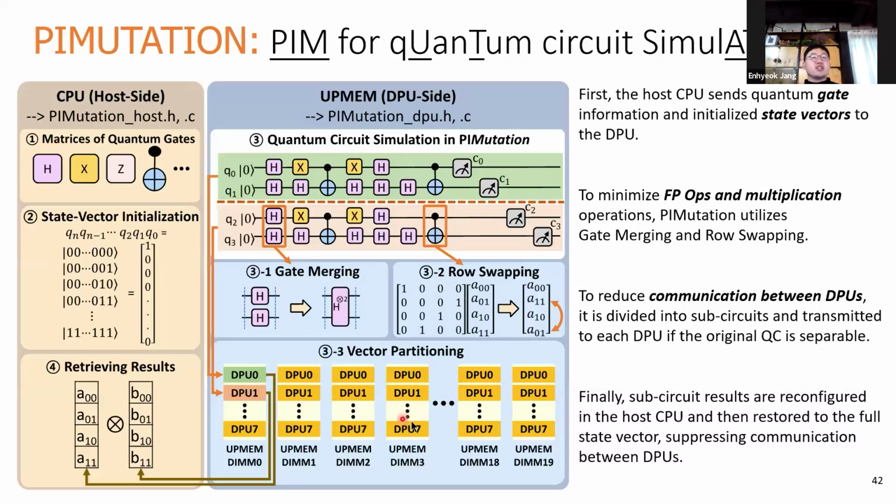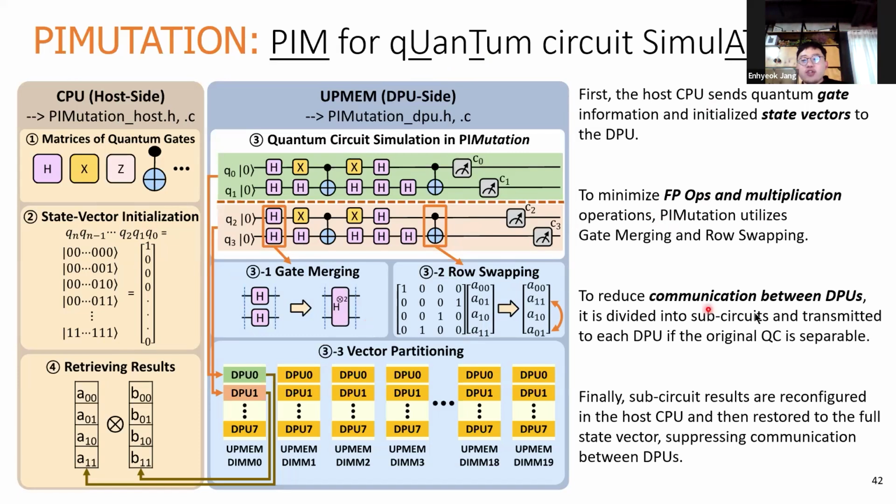These are the challenges. So we propose PIMutation, a quantum circuit simulation framework for UPMEM. The host CPU sends the quantum gate information and initialized state vectors to the DPUs, and to minimize floating point and multiplication operations, PIMutation utilizes a gate merging technique and a row swapping technique.